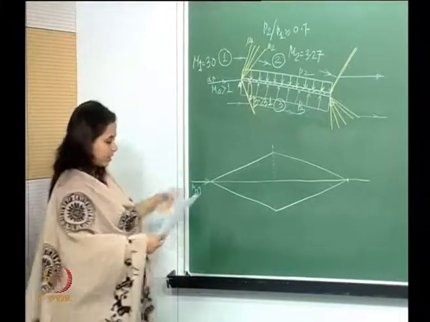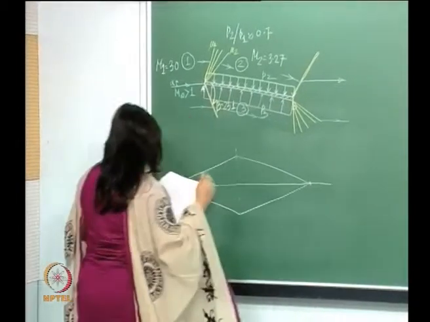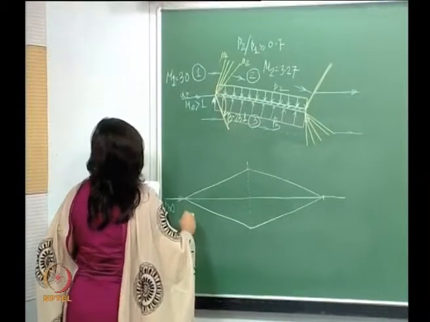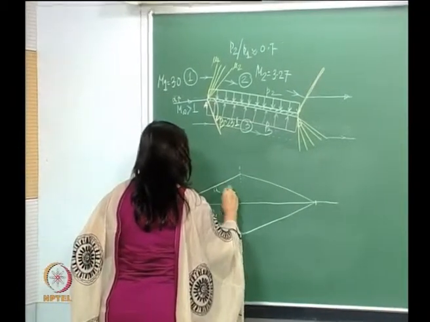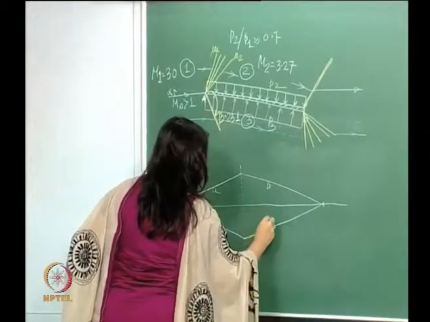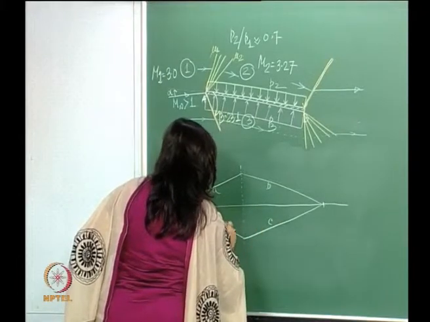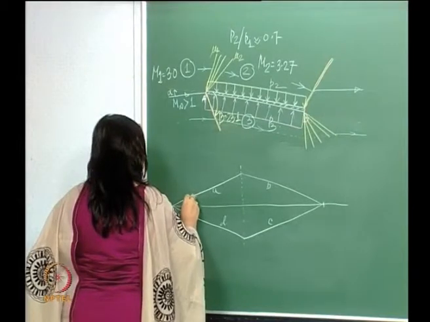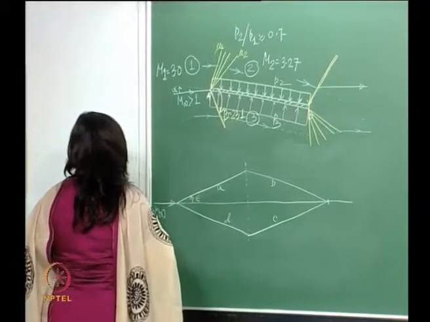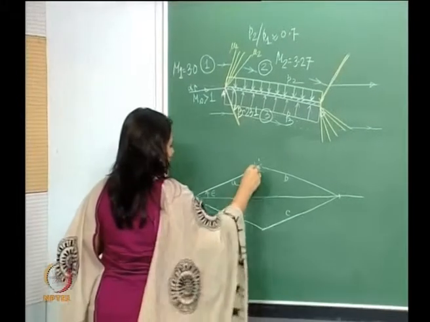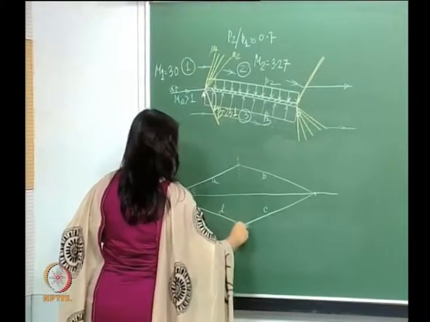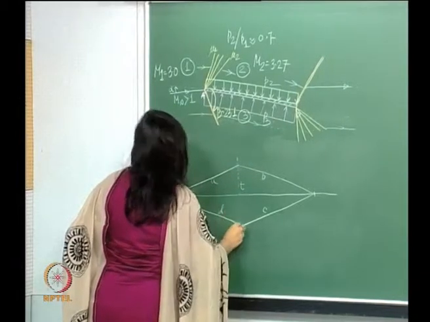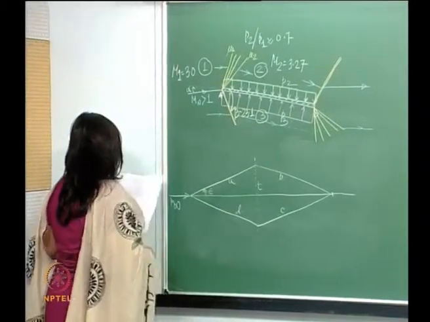Let me call these surfaces A, B, C, D, and say this angle is epsilon, and this entire length is T.